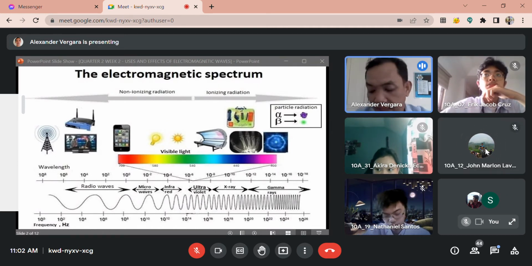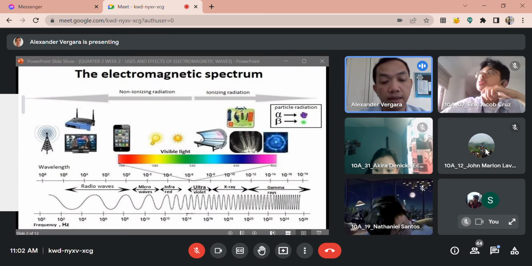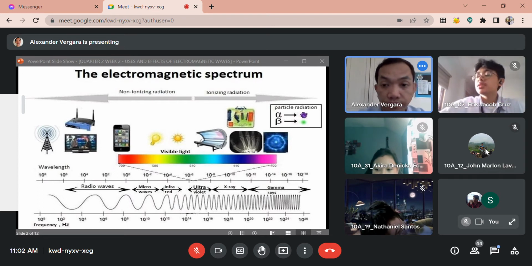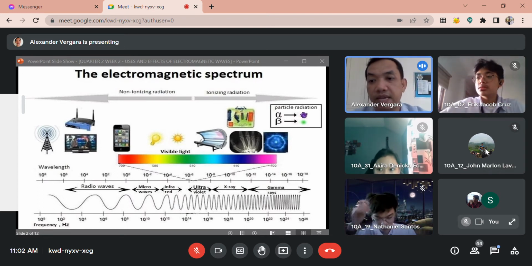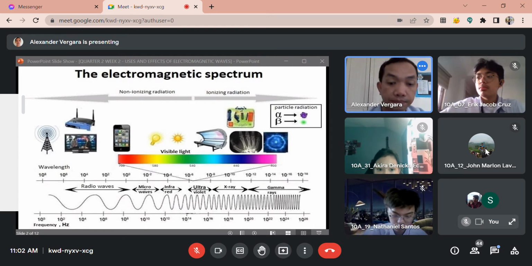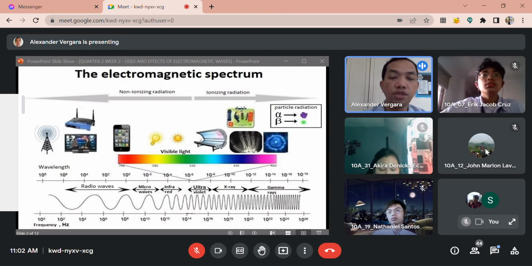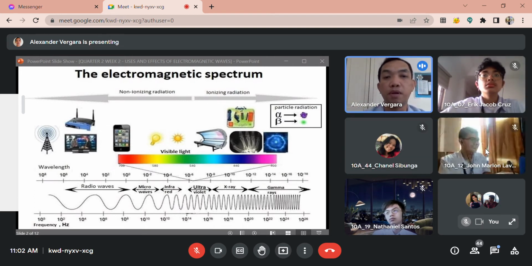Okay, the X-rays so that we can see those fractures in our bones. What else? Any other advantages of this electromagnetic? Yes, Carl Leal. Carl, what do you think are the advantages of electromagnetic spectrum?